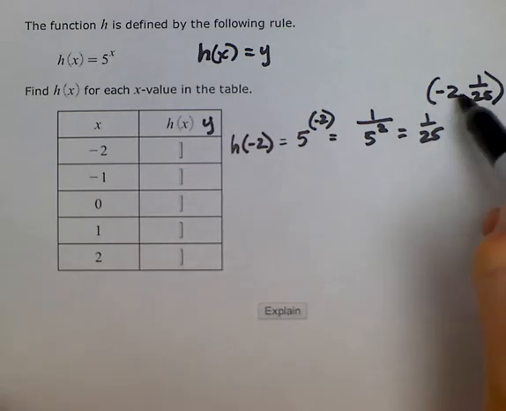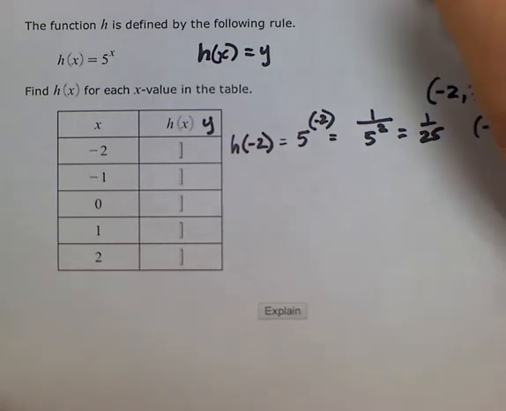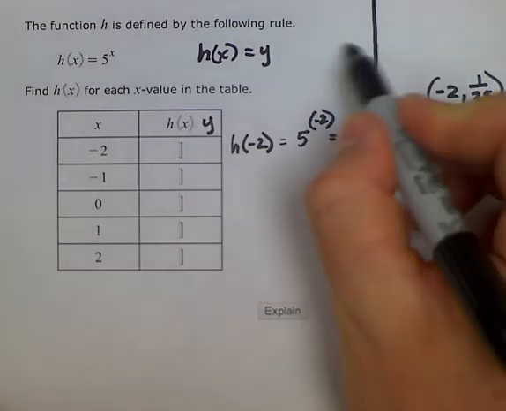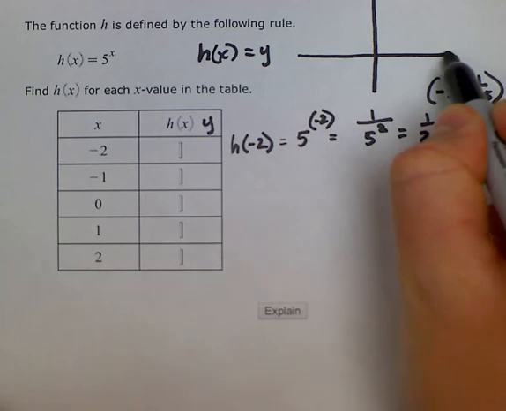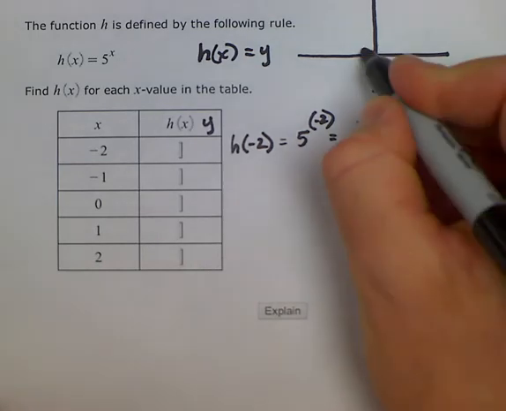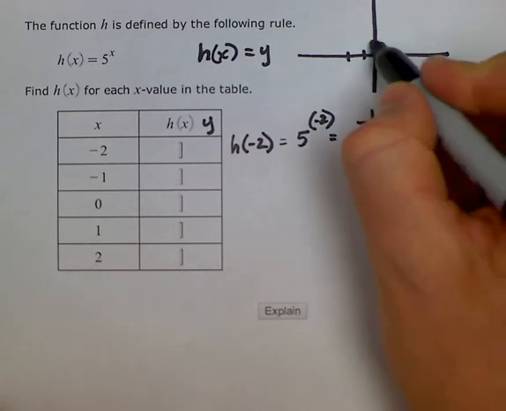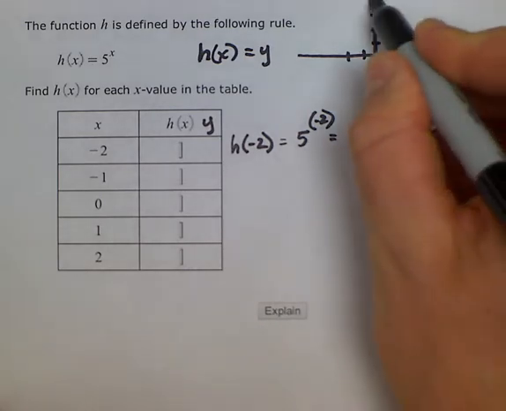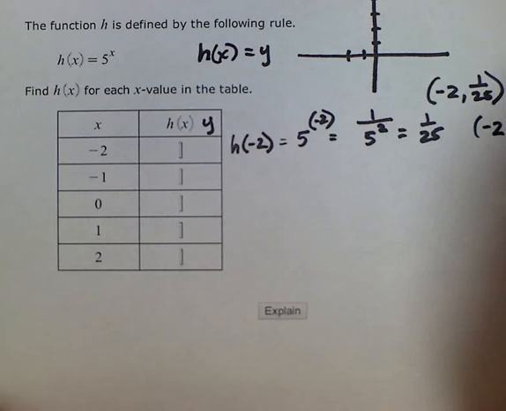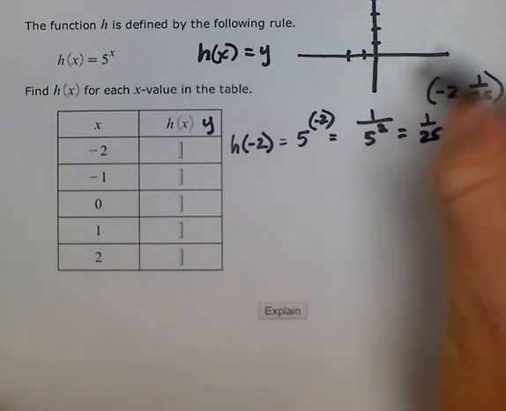If we had a graph, starting from the origin, we would go back 1, 2, and then go up 1/25, which is really, really close to the line there, getting closer and closer to 0, because this is going to represent an exponential function.